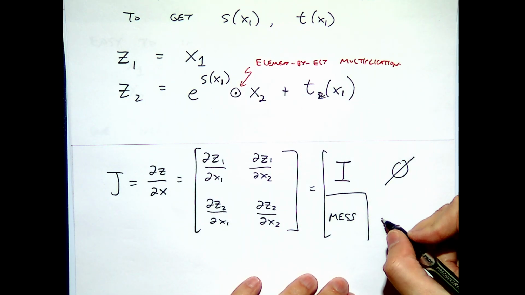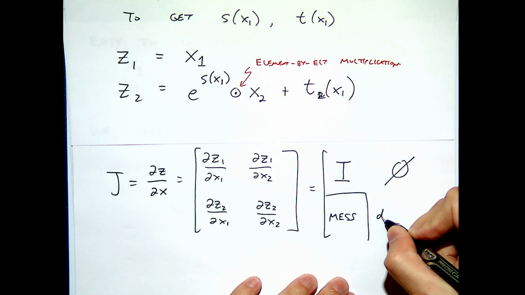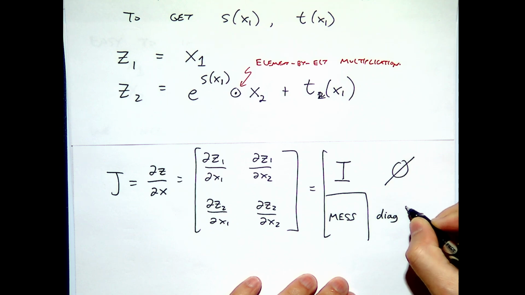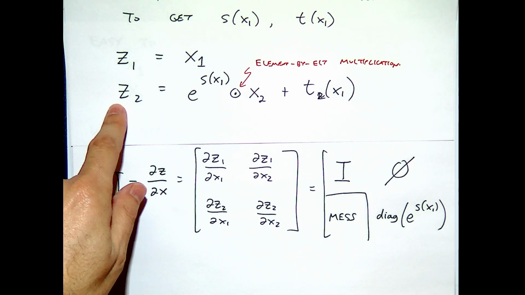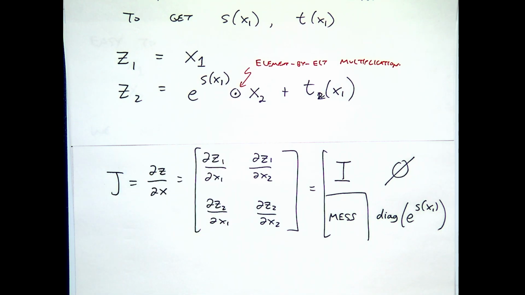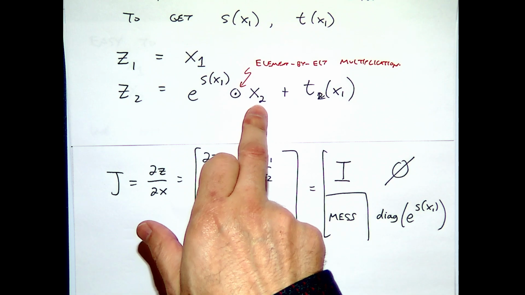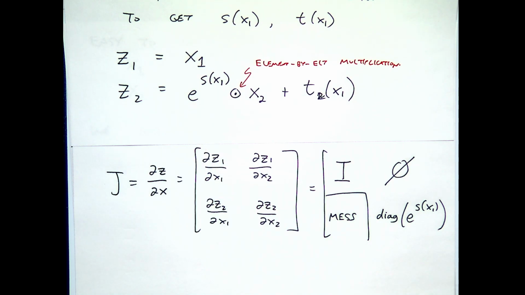So this is basically a diagonal matrix that has values along the diagonal e to the s of x1, right? Because z2 is really just a scaled version of x2 multiplied by some scaling factor that may be complicated, but if I'm just taking the derivative, it's just going to be that constant coming off, right?